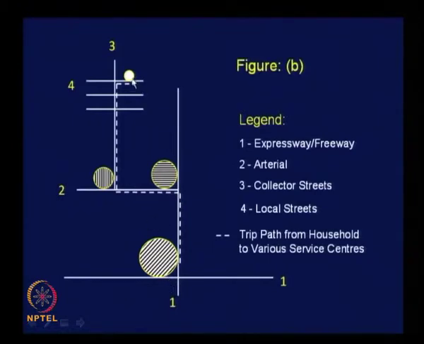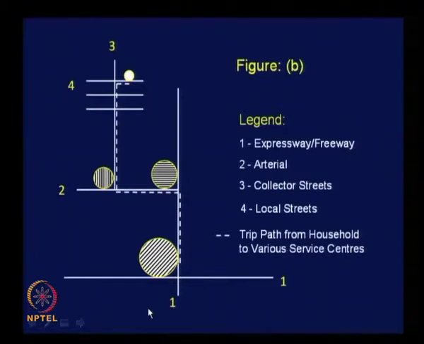And trip paths from household to these centers are shown by the dotted line. You can see that a strict hierarchy of movement is followed. One should first come to the community center and then go to the district center, then only they can reach the regional center. Clear?